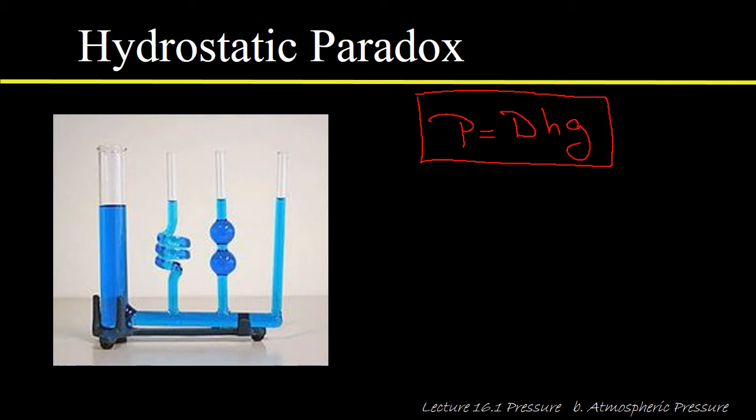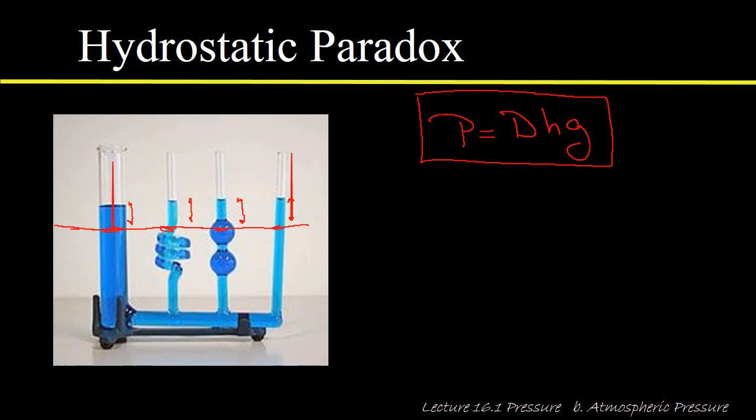What the hydrostatic paradox says is that you can draw a horizontal line through this at any particular place, and as long as this height, and this height, and this height, and this height are the same, then the pressure is the same here, and here, and here, and here.